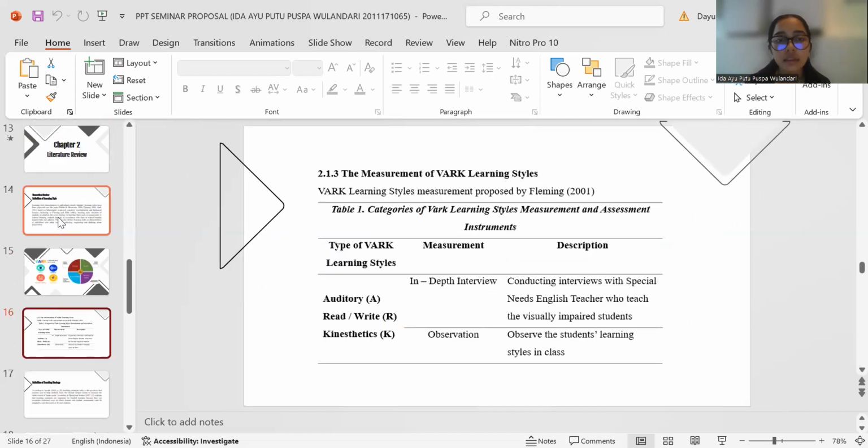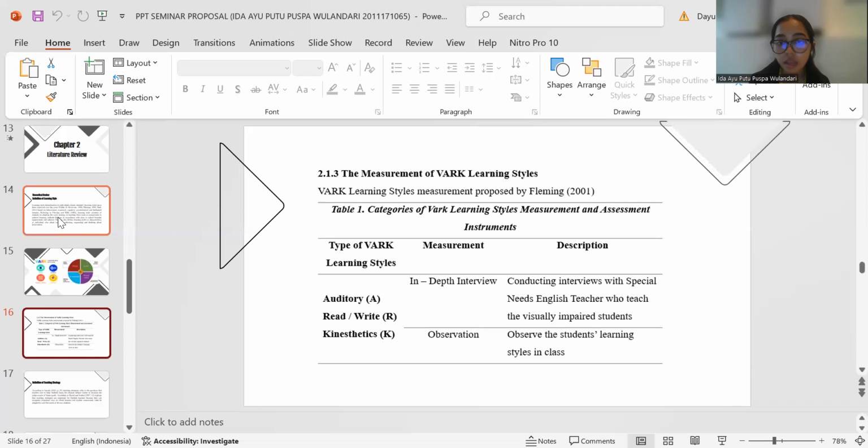All right, this is the measurement of the VARK learning style. As you can see on the slide, visually impaired students don't use the visual learning style because of their lack of sense of sight. So I only include auditory, read and write, and kinesthetic.